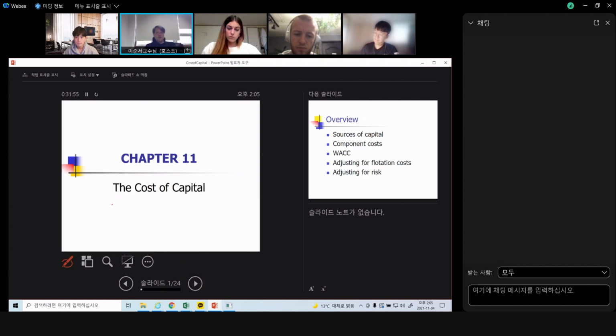To accept the project or enter the new business area, our expected return should be higher than the cost of capital. Then go. If the expected return is lower than the cost of capital, don't go. So the cost of capital plays the role of the hurdle rate to accept the project. It's a very, very important thing.